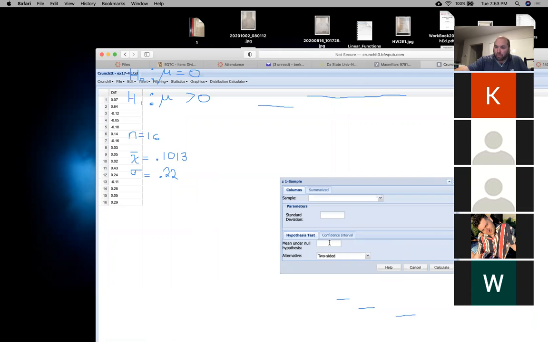Zero. Is it two-sided or one-sided? Is it less than or greater than? What's my standard deviation?